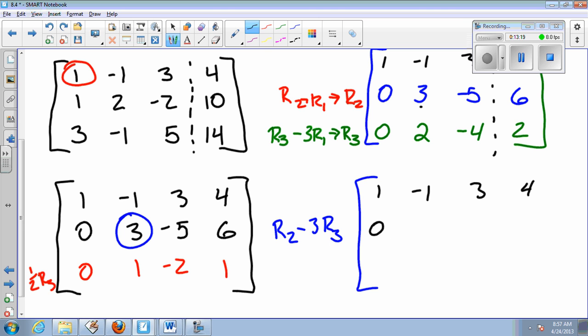So this stays 0. 3 minus 3 times 1, that goes to 0. -5 minus 3 times -2, so -5 plus 6 goes to 1. 6 minus 3 times 1, so 6 minus 3 is 3. Then this stays.